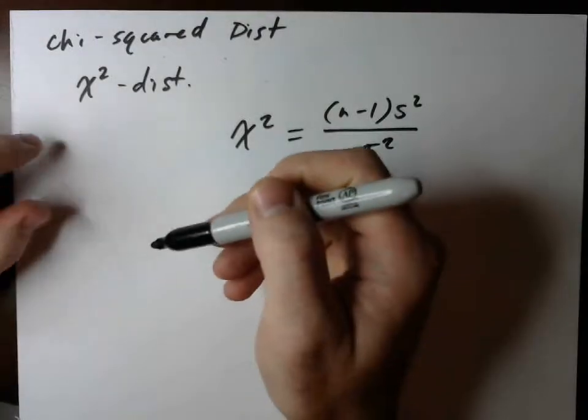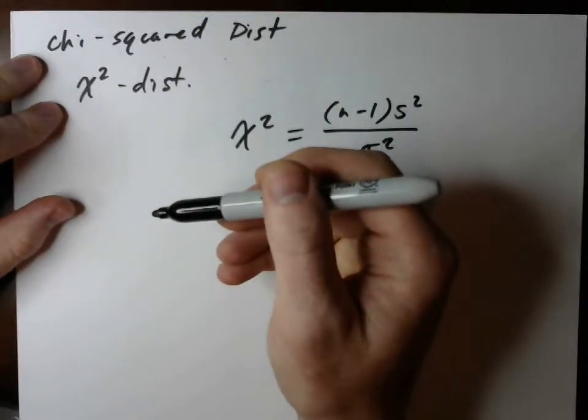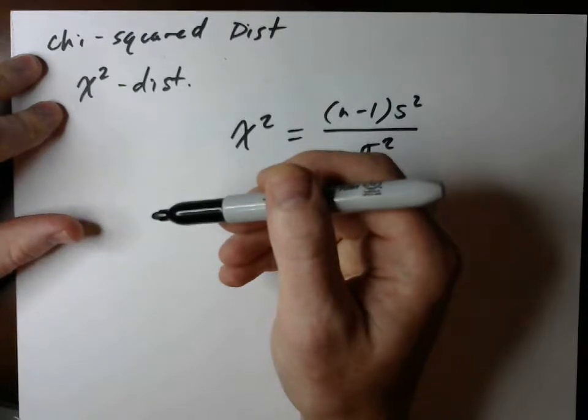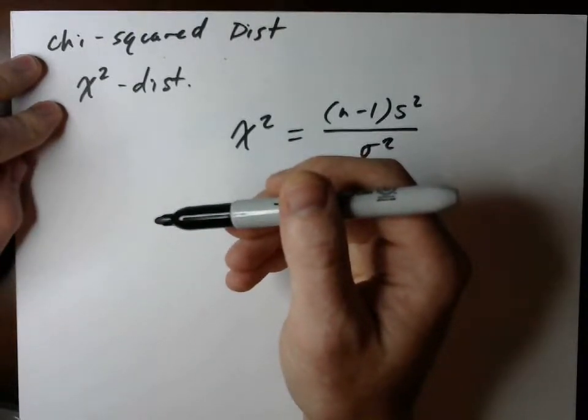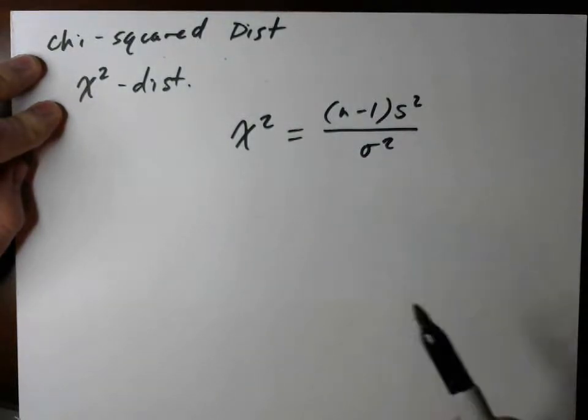But the shape of a chi-squared distribution is not normal. It's not symmetric at all. And we'll see that if you increase n, it'll get closer and closer to a normal distribution, but it's not a normal distribution at all, especially for small n.